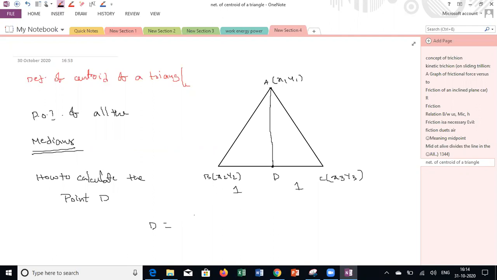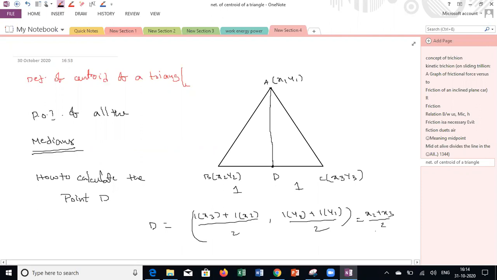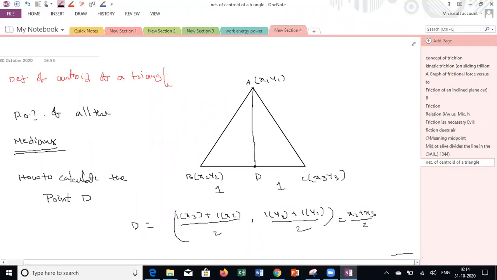So D will be equal to (1 into x3 plus 1 into x2) by 2, (1 into y3 plus 1 into y2) by 2. From here I can write this will be (x2 plus x3) by 2, (y2 plus y3) by 2.